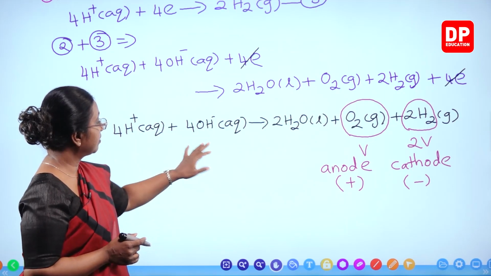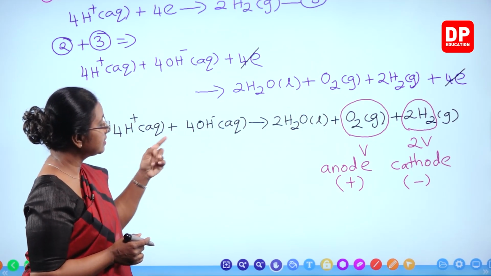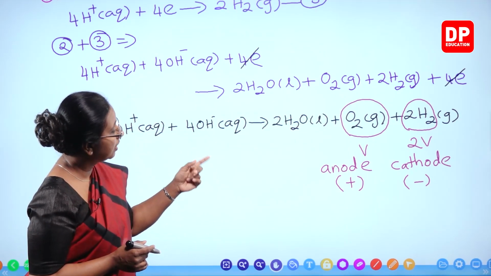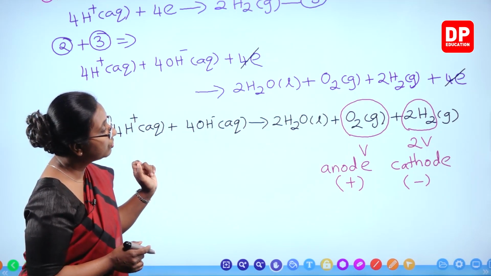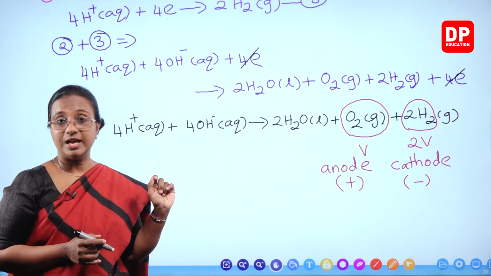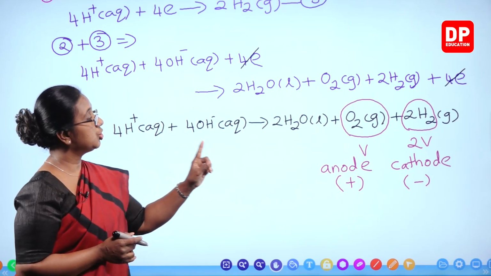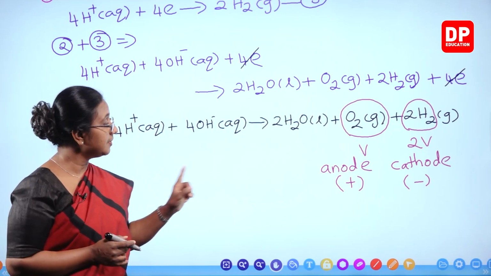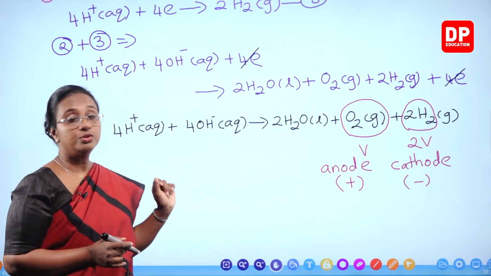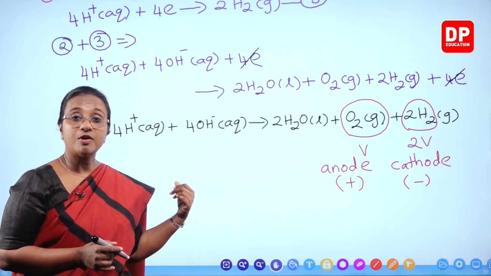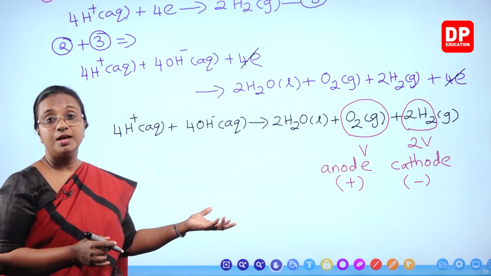4H+ aqueous plus 4OH- aqueous giving rise to 2H2O liquid, O2 gas and 2H2 gas. So if you look at the ratio between oxygen is to hydrogen, you can see 1:2. So 1 volume of oxygen, 2 volume of hydrogen.